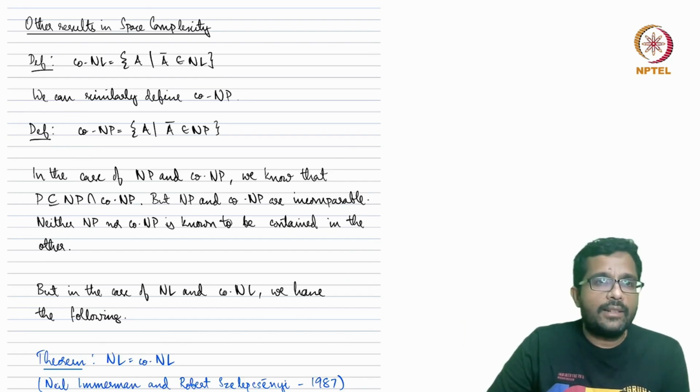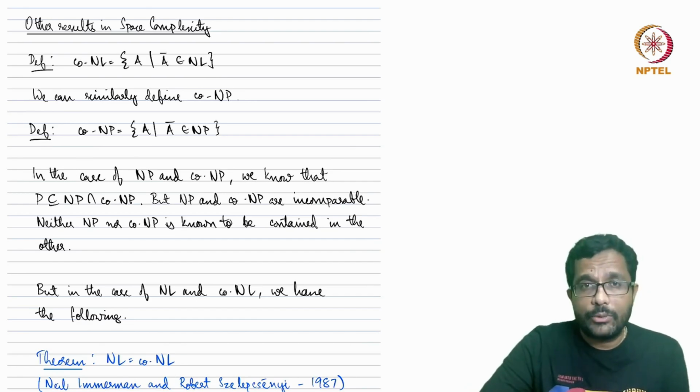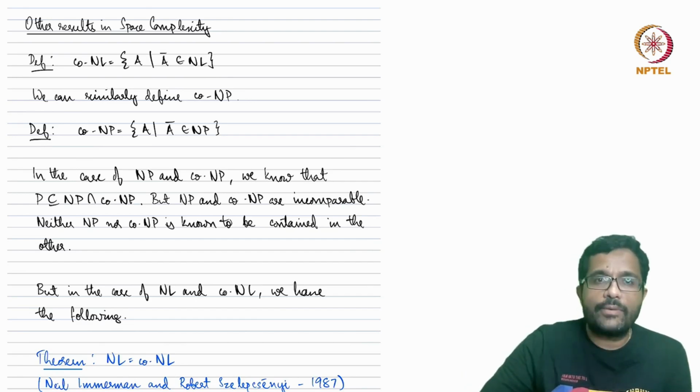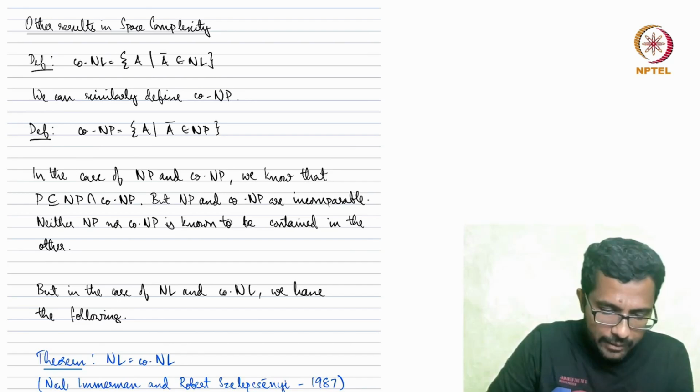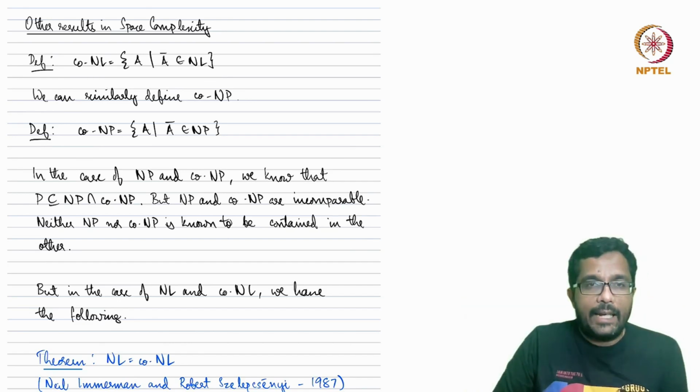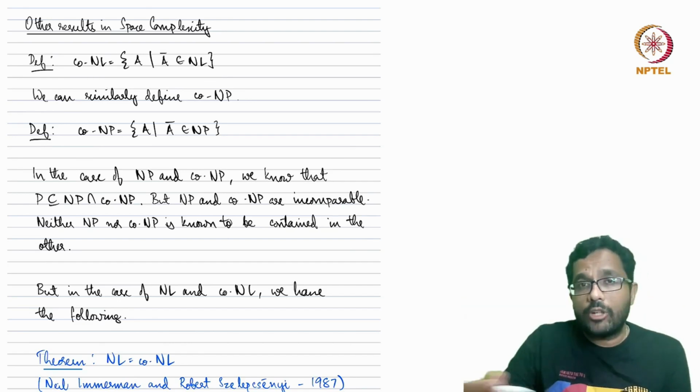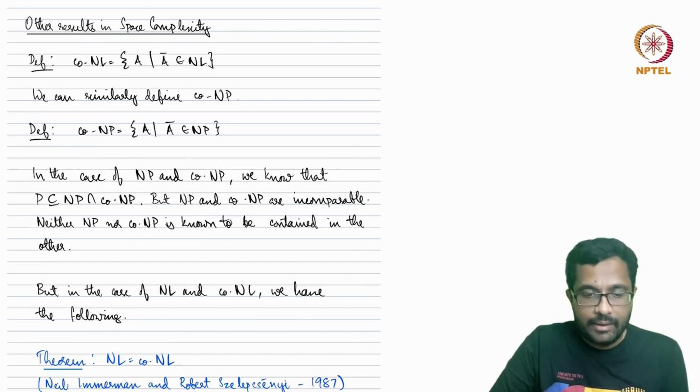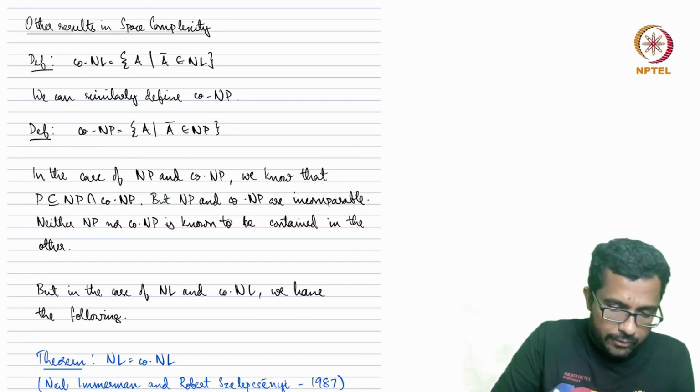A language is said to be co-Turing recognizable if its complement is Turing recognizable. So co stands for complement. It is similar here. A language is said to be in co-NL if its complement is in NL, right? So that is the definition of co-NL.